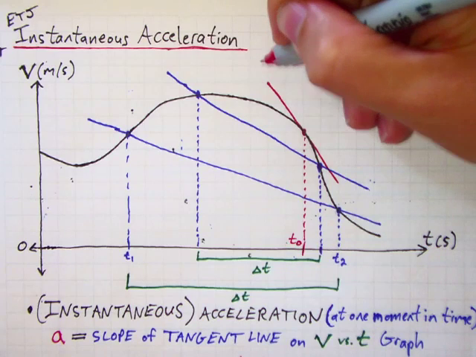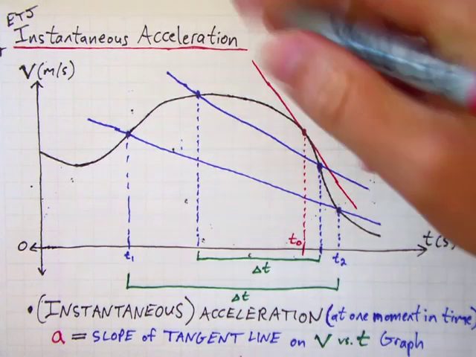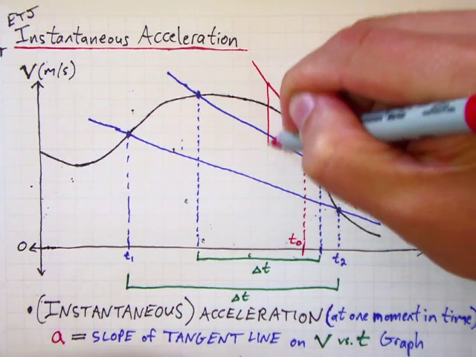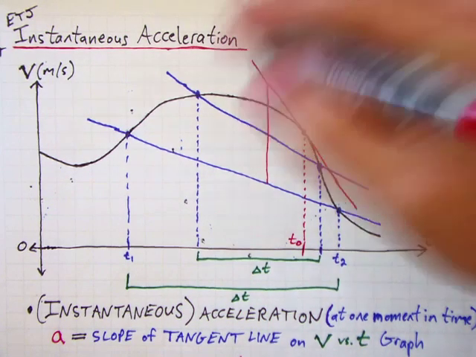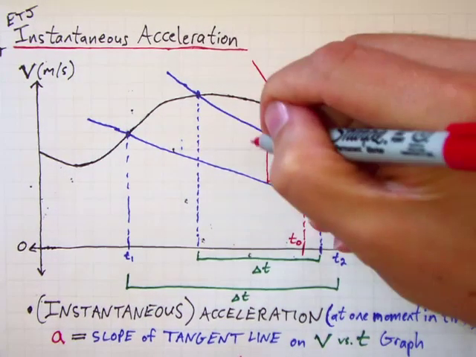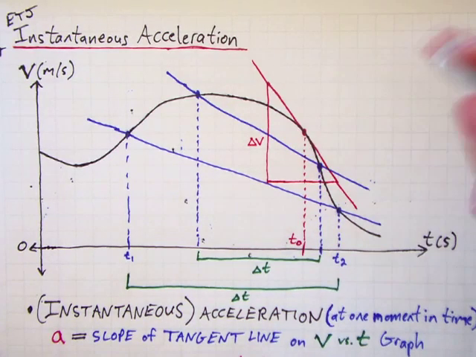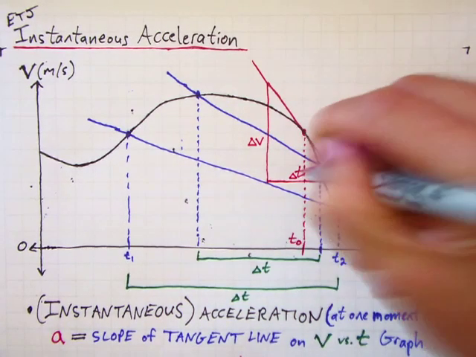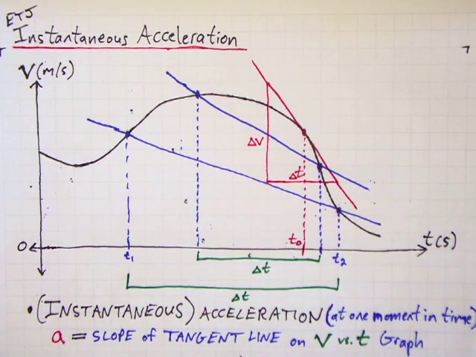I'm going to extend the tangent line a little farther in each direction. And I can look at its rise right here and its run right there. That's the delta v, and there to there is our delta t. There's our time interval. There's our delta v.